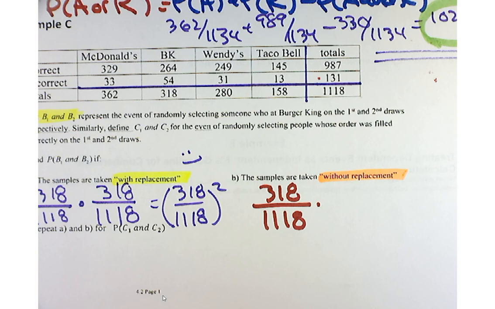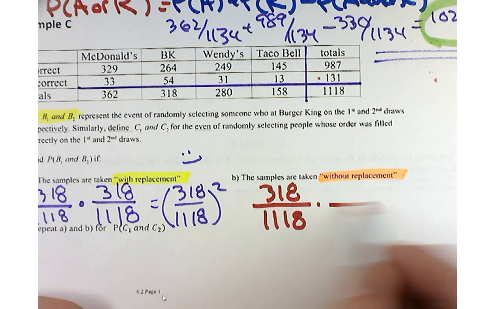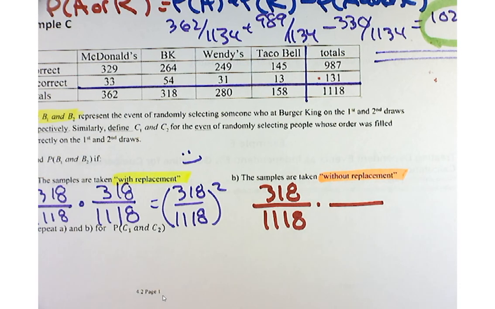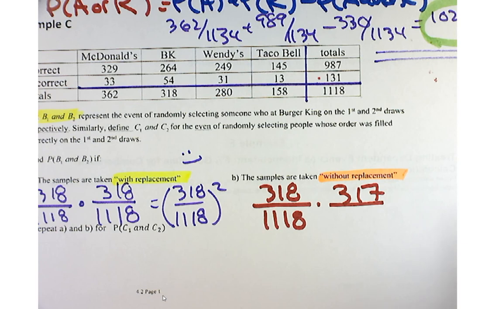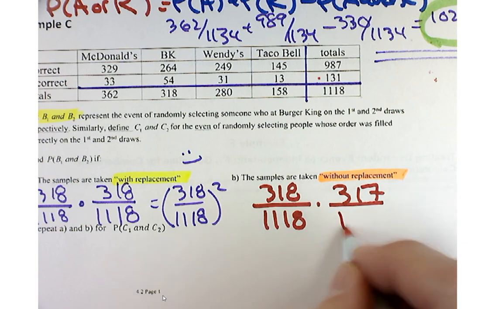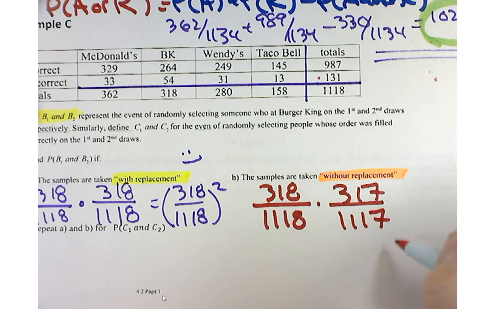This time, you're not replacing them. Rianne, what's going to be that probability of drawing out another person who ate at Burger King? 317 over 1,117. Good. The numerator and denominator both change.